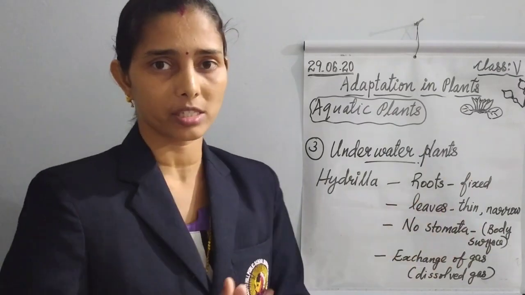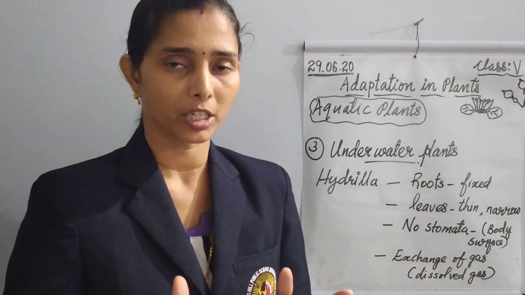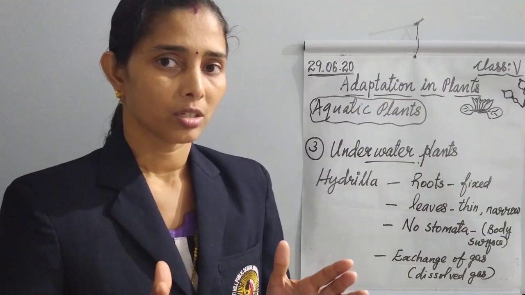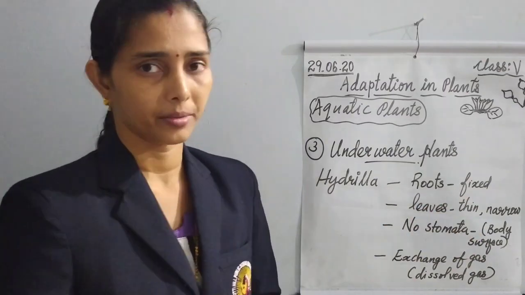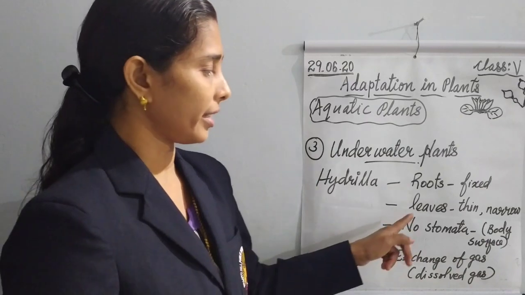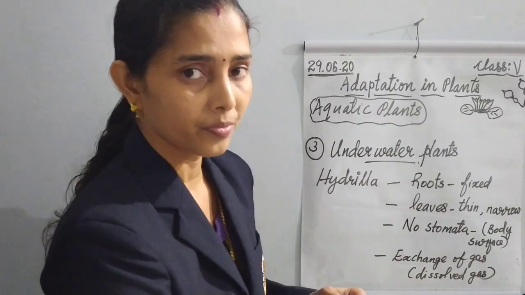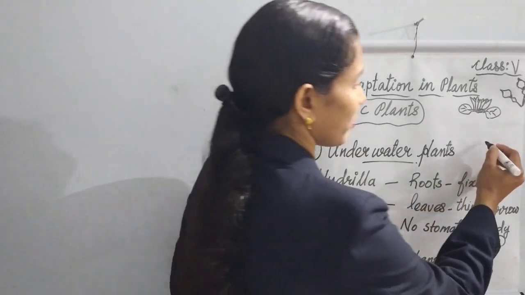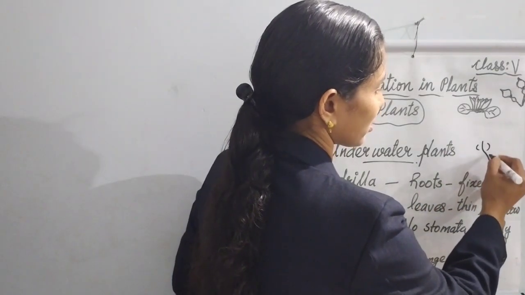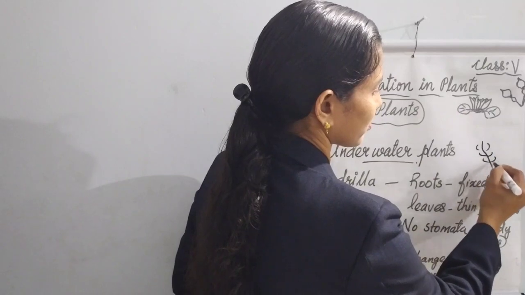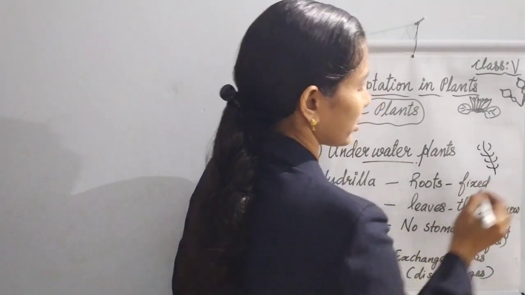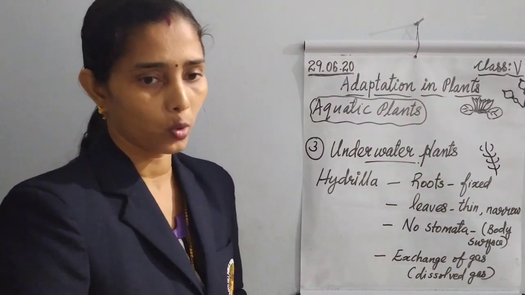Its root is fixed. Okay. So one of the adaptations, its roots are fixed. First one. The next, what about their leaves? Do you remember how their leaves are? Their leaves are thin. Okay, like this. Thin and narrow.